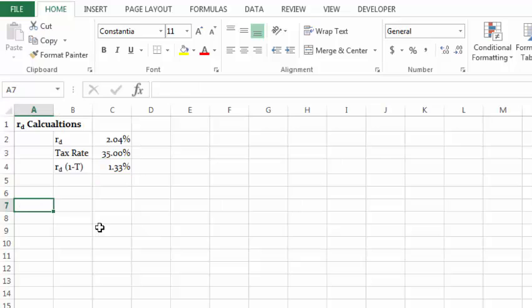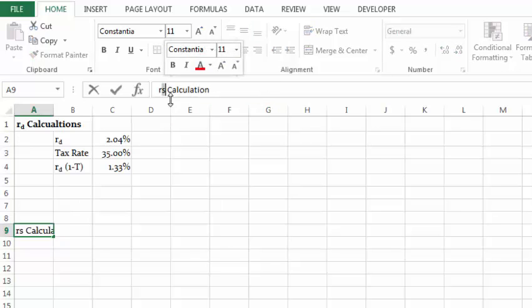I'm going to move down and say, so what is my R sub S calculation? You know what? I think I do want to skip at least a couple of rows, since it seems scrunched unnecessarily.